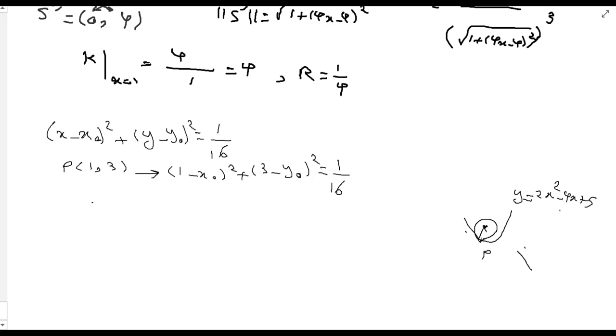If I find at which point this derivative is equal to 0, it means the slope at the point P. For the slope of this function, y prime is equal to 4x minus 4, and if I solve this equation, I will get x equal to 1.